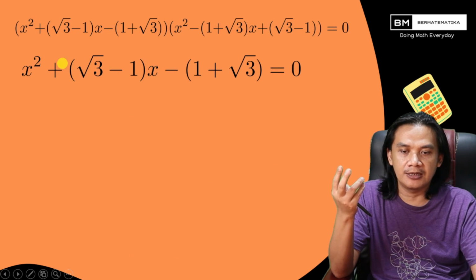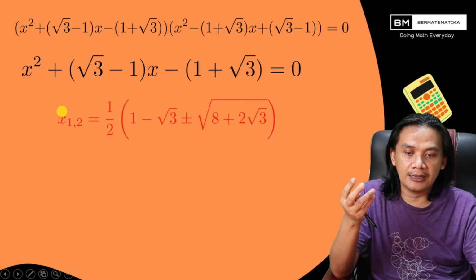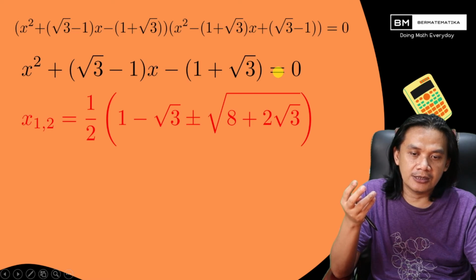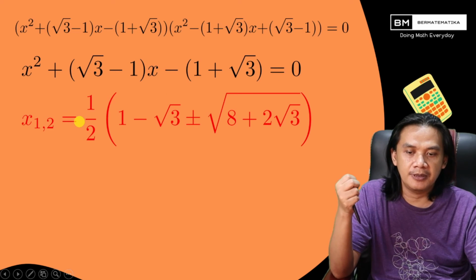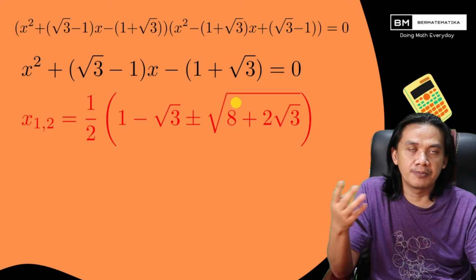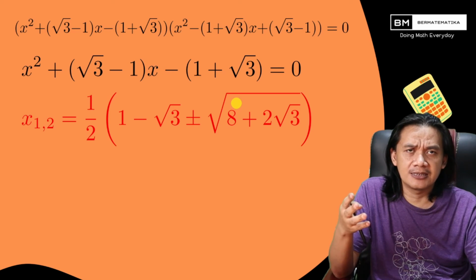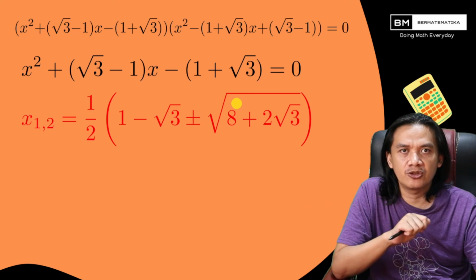The first one is when the first term is equal to 0. By the quadratic formula, we obtain that the two solutions of the original problem are this. So you just need to plug into the quadratic formula, minus b plus minus square root of b squared minus 4ac, all divided by twice a, right?